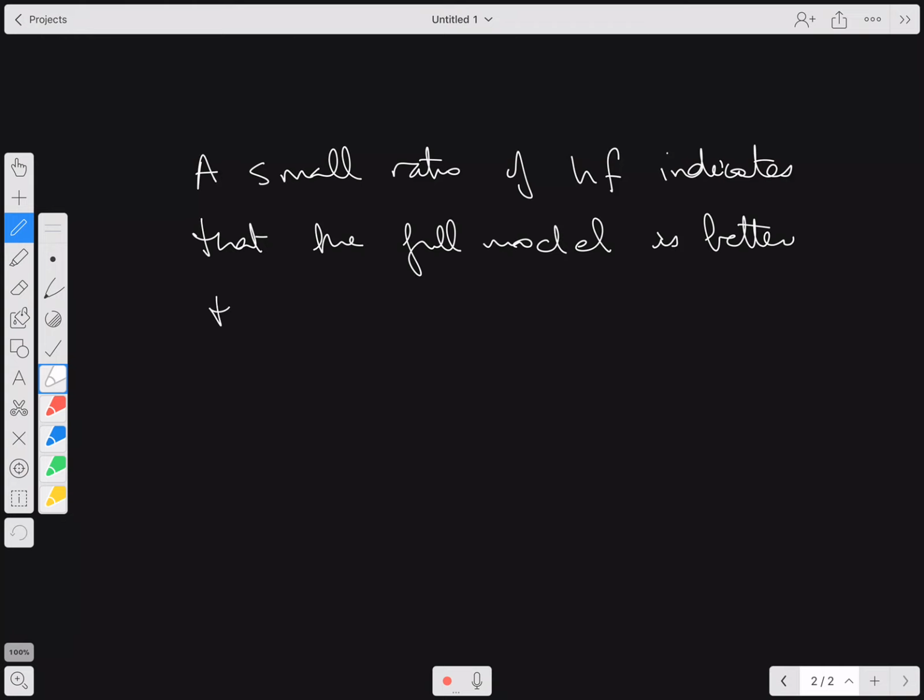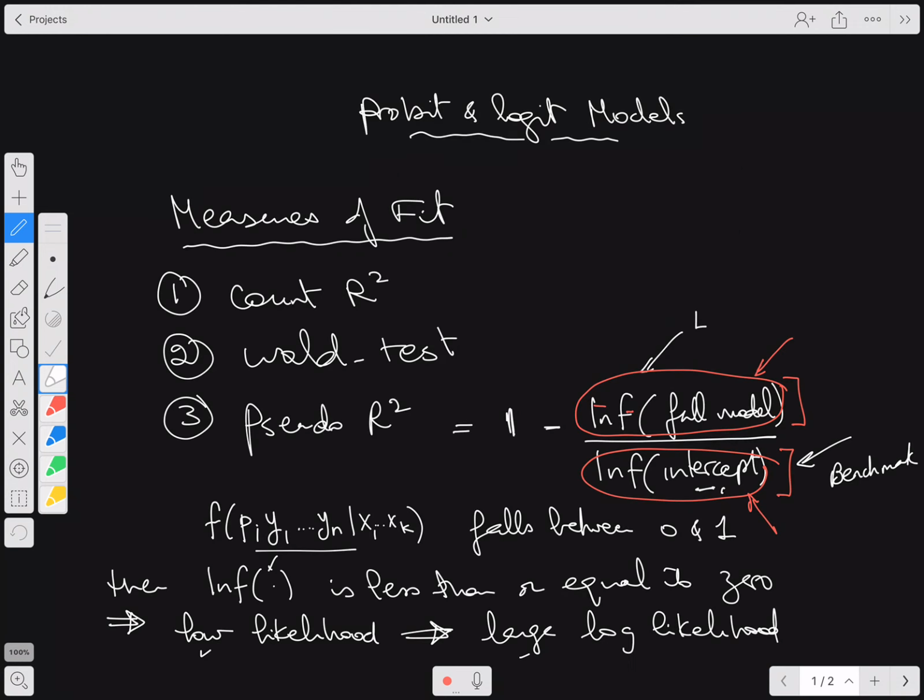Which is actually what we want. If I'm using some x's and I want to make sure they are improving, then I want to see something that is better than the intercept model. And this is your benchmark. I just wanted to write this in detail because I didn't write it on the board.